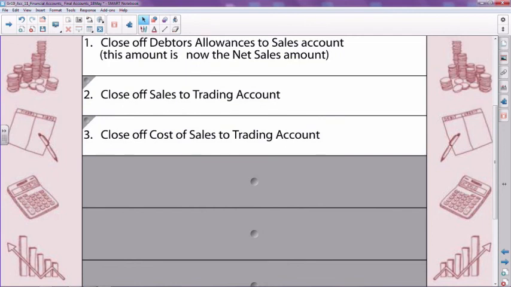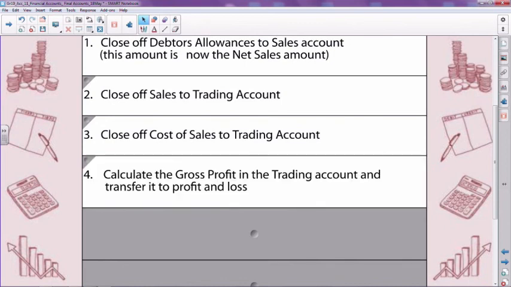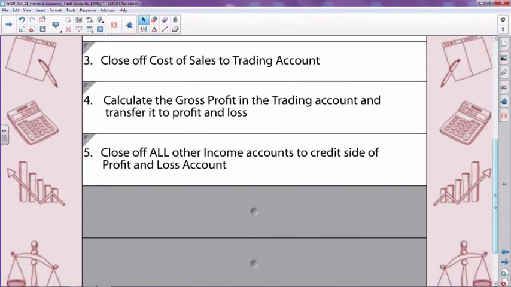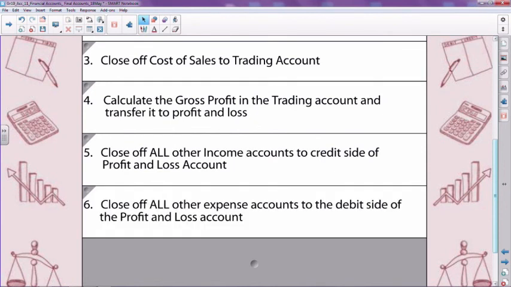But now you have these two in your trading account, you need to close that off to the profit and loss account. And what did I calculate in the trading account? I calculated gross profit. Number 5, all the income needs to go to the credit side of the profit and loss account. All the expenses, number 6, will go to the profit and loss account, but on the debit side.